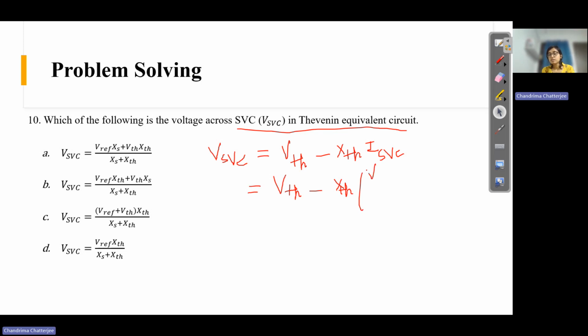That is V Thevenin minus V reference, divided by XTH plus XS. If you simplify this expression, you will get that option B is the correct expression.